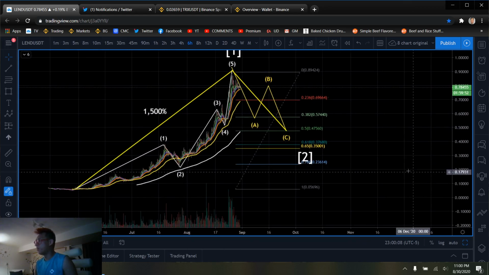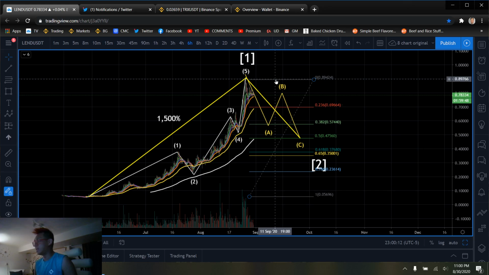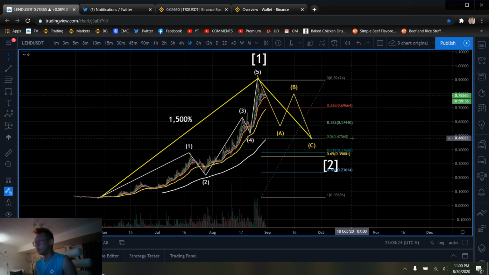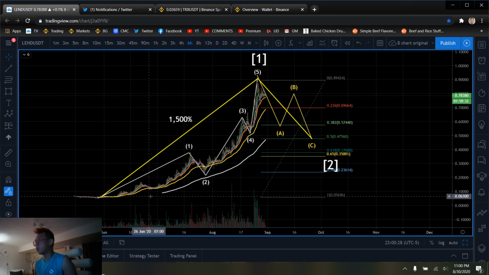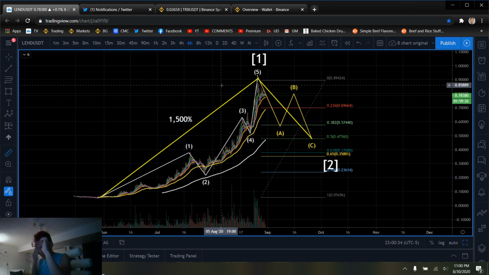So then now, if it went up, and the price was 89 cents. If it went up 1,500%, hypothetically, and then it dropped to the 0.5 Fibonacci level, which is 50%, right? So technically it's going to drop back down to half of the 1,500 level. Make sense? Okay, let me say that again.